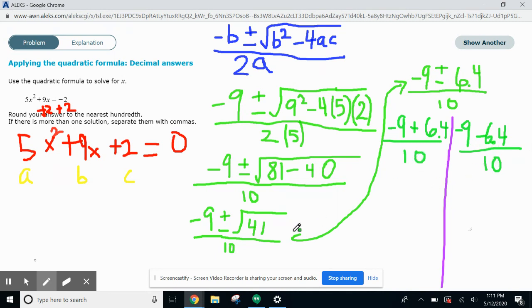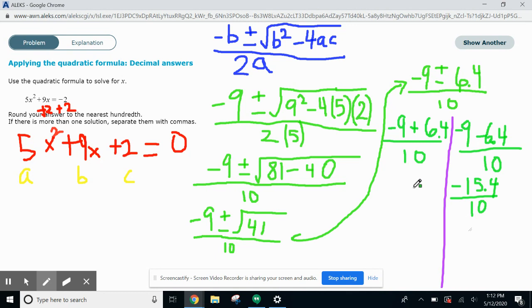So negative 9 minus 6.4. I don't have my graphing calculator, but I'm going to need to use that. So I'm just going to use it real quick on my phone. Negative 9 minus 6.4. It's going to be negative 15.4 now over 10.